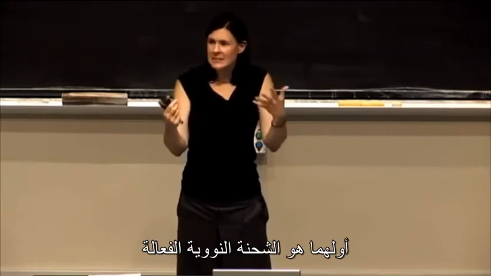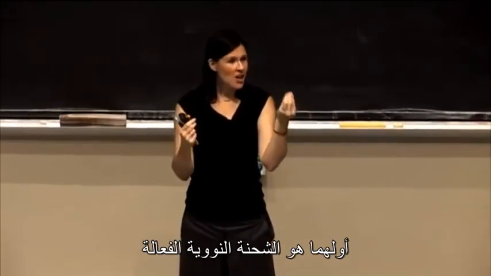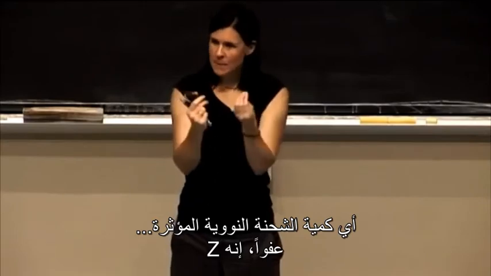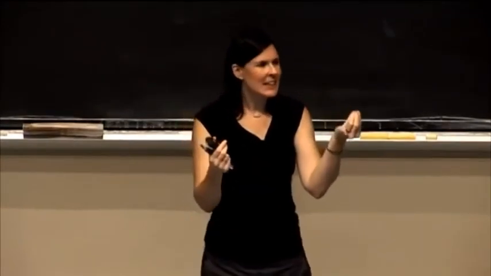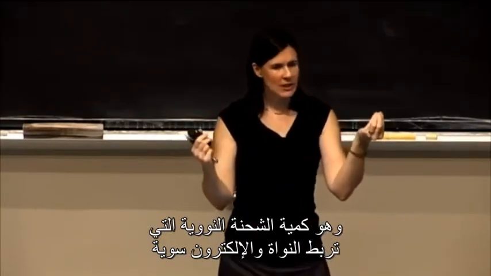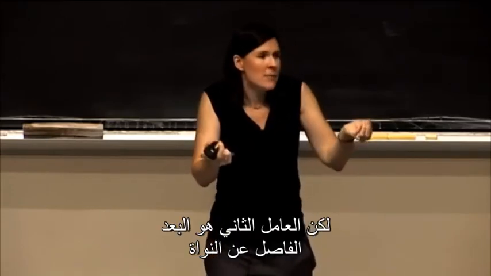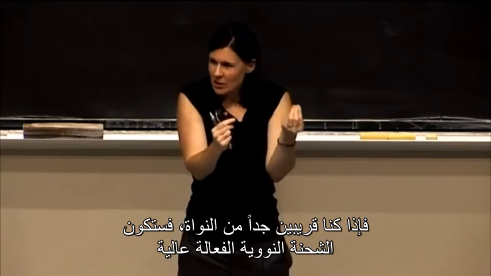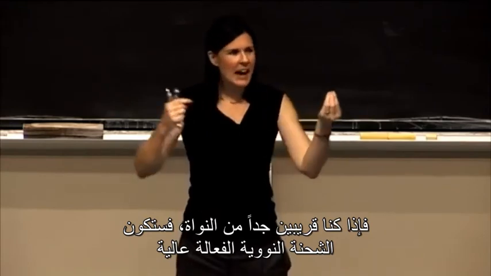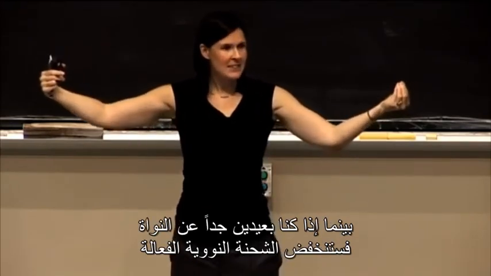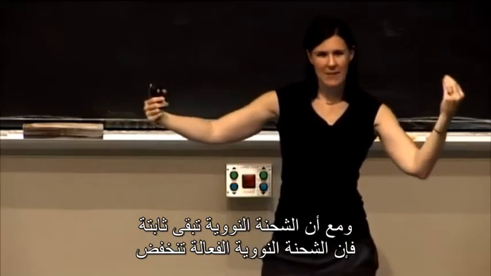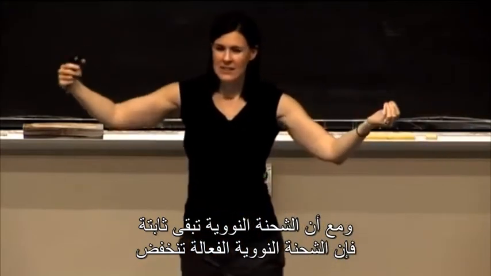The first is the Z effective, or how much charge is on the nucleus that holds it close together. But the second factor is how far away we are from the nucleus. If we're really close to the nucleus, that's when Z effective is high. But if we get really far away, then Z effective gets low, because even though we have the same charge in the nucleus, the Z effective gets lower.